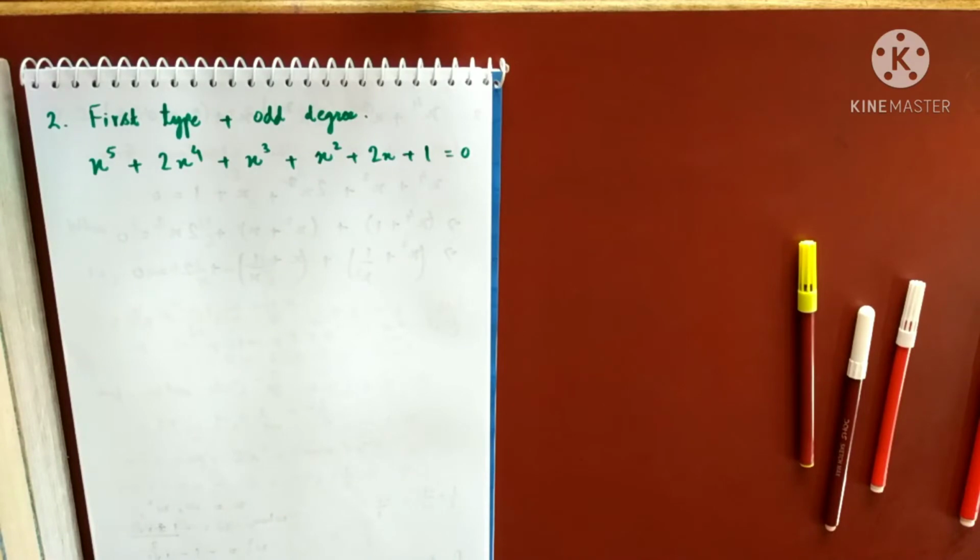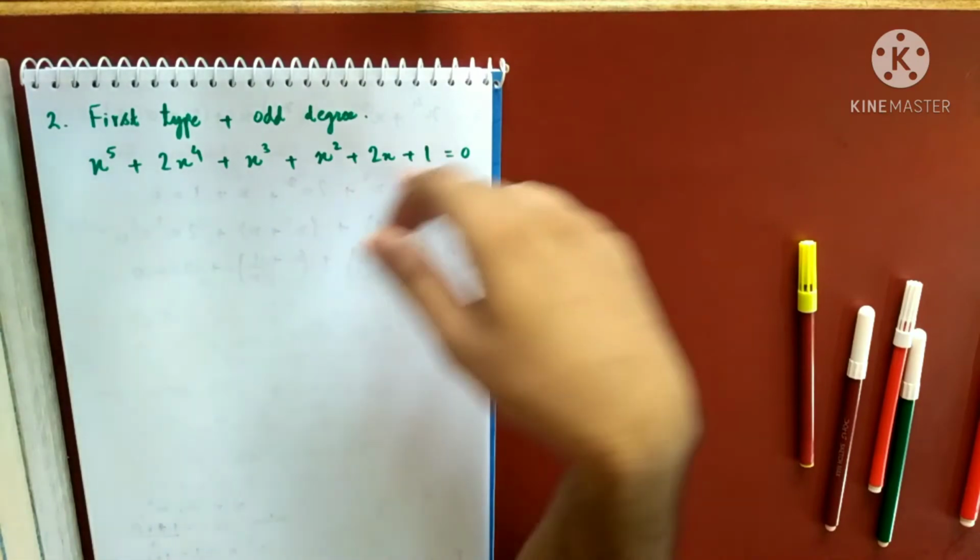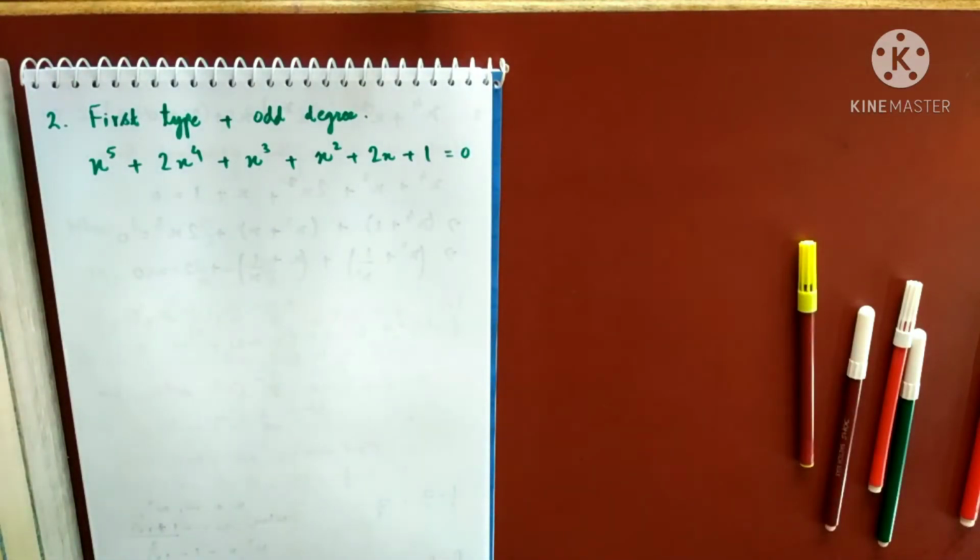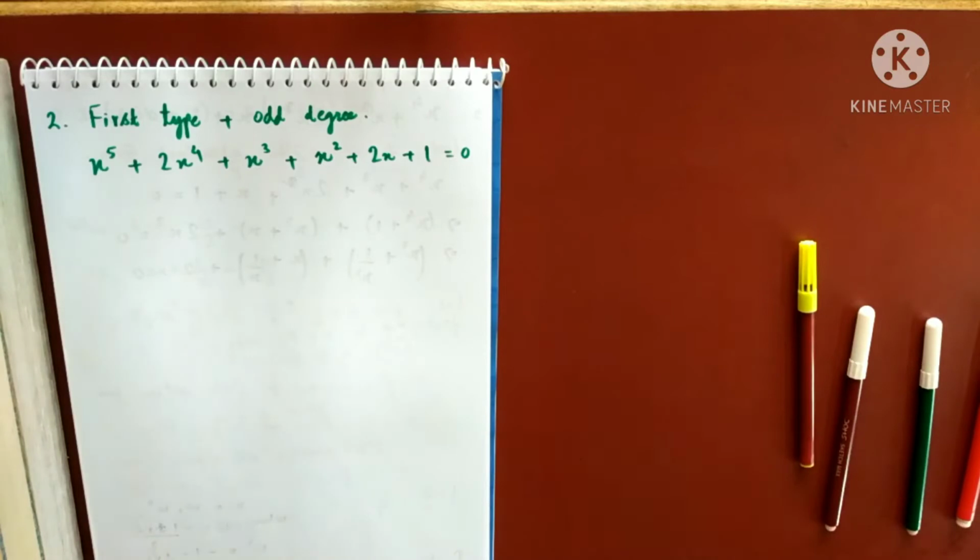I cannot guarantee you that you will get some proper answer or nice answers, because I have just written this equation by myself. I don't see any question in the book which is a first type and odd degree. Okay. So anyways, let's see. Maybe I'll not solve, but I'll give you the idea how to solve.